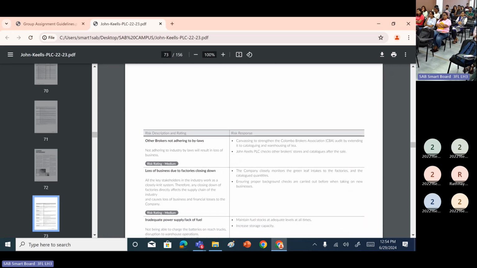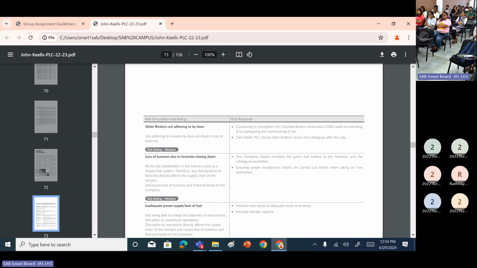Other brokers not adhering to bylaws: risk rating medium. That company has a risk rating of medium for other brokers not adhering to bylaws. So they have found the risks they have in the business and they are rating them. And they are mentioning the risk responses as well, how they have responded to the risk.